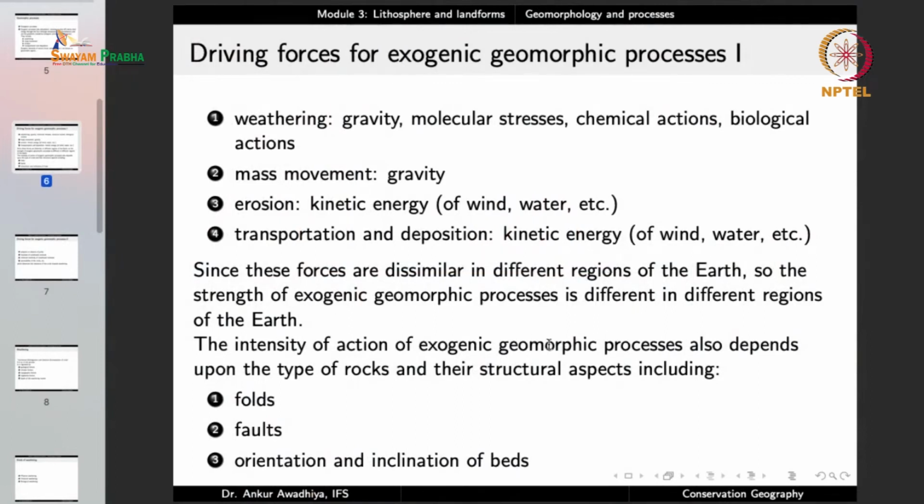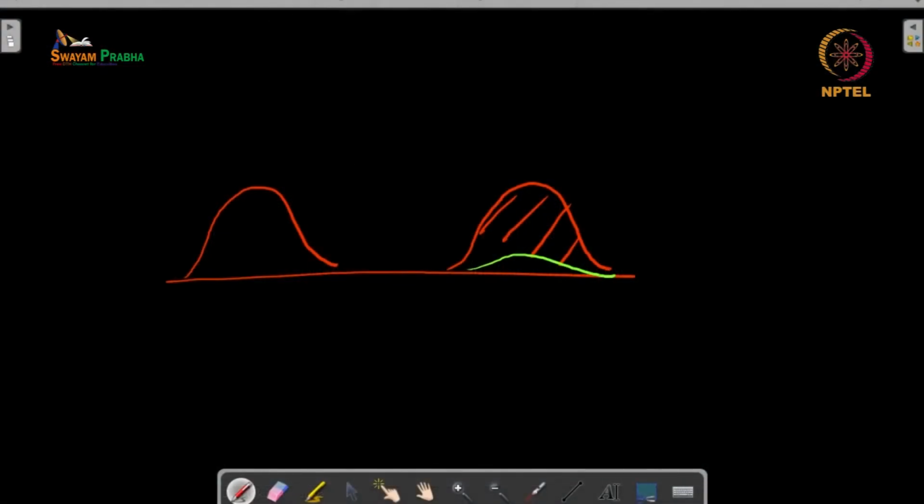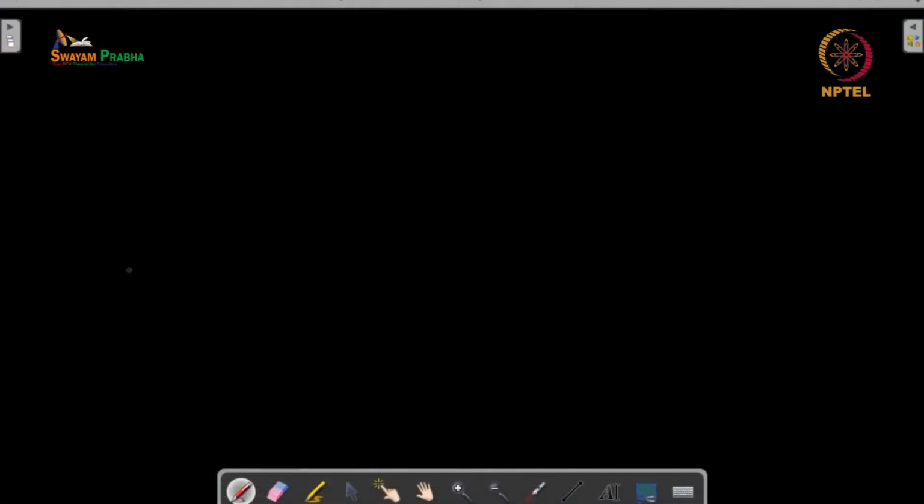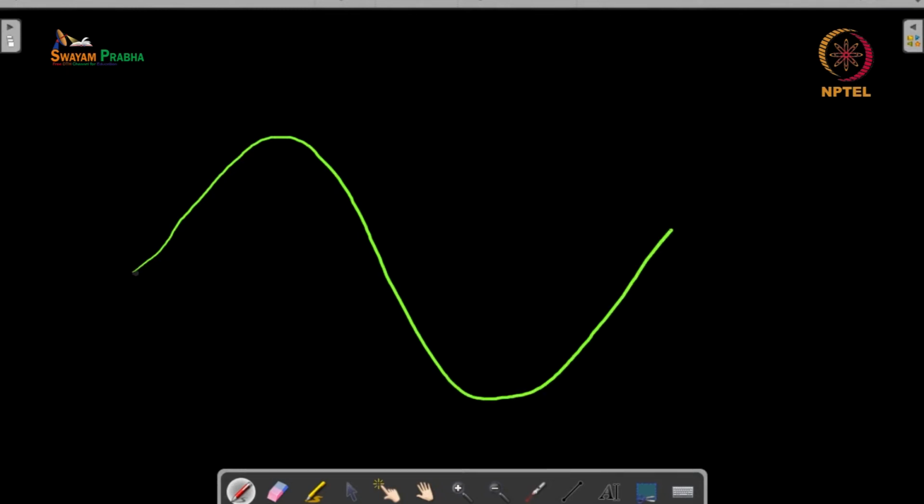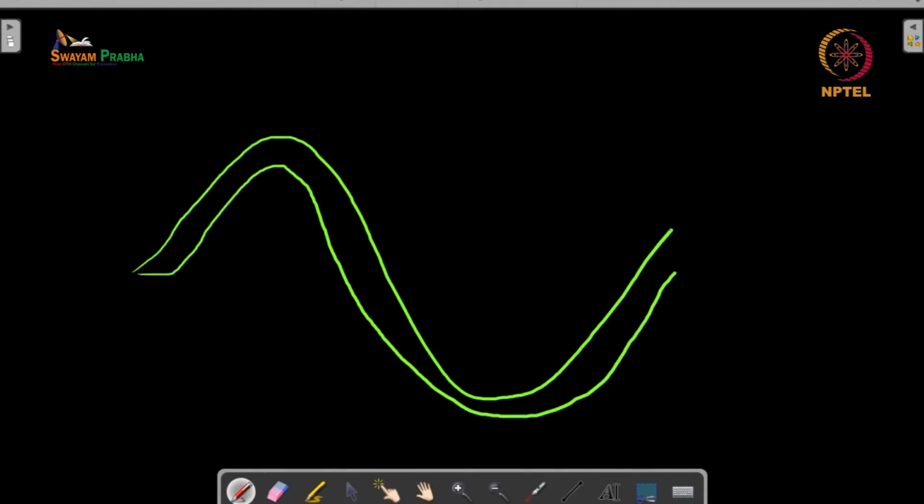Now the intensity of action depends on the type of rocks and their structural aspects, including things like folds. Now if a rock has a fold, if the rock is like this, then probably some amount of water will get accumulated in this region, but water will not get accumulated in this region.